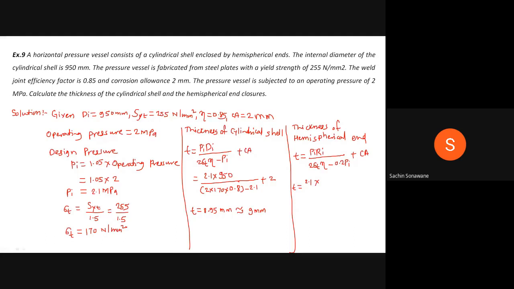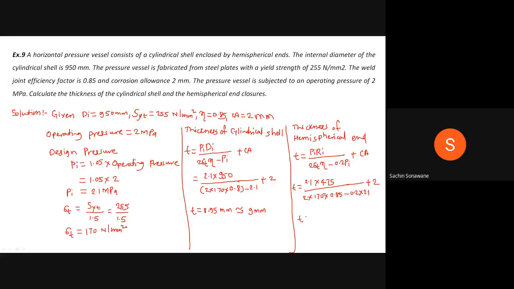Now Ri means DI divided by 2, 950 divided by 2 means 475, divided by 2 into 170 into 0.85 minus 0.2 into 2.1, plus corrosion allowance 2 mm.